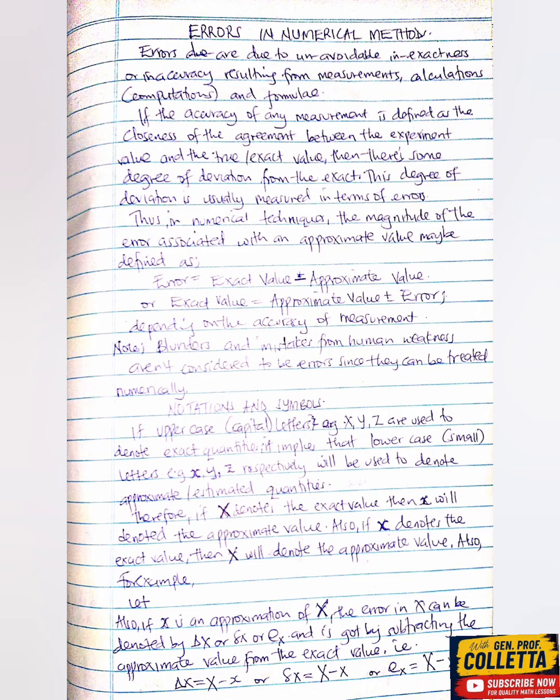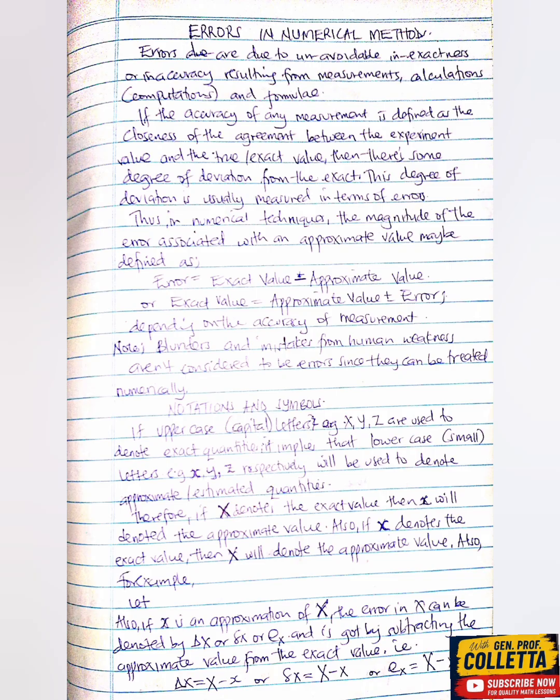The degree of deviation is usually measured in terms of errors. For example, if you had 9.87 and you round off to get 9.9, there is that degree of deviation, a 0.03 absolute error, which we are going to look at in this topic.